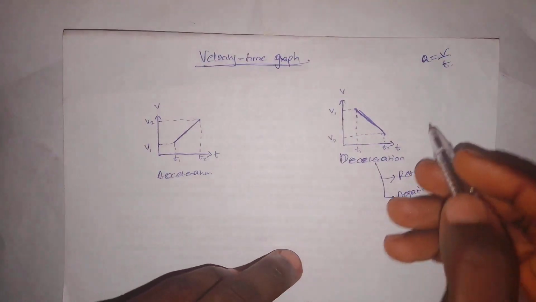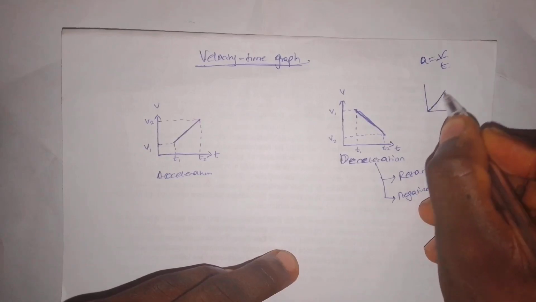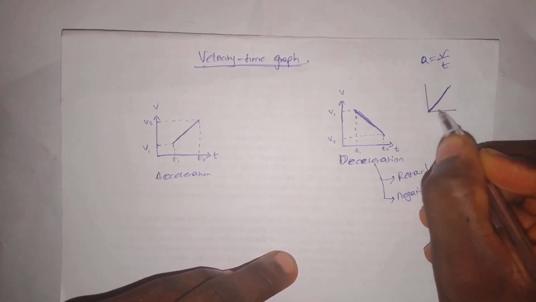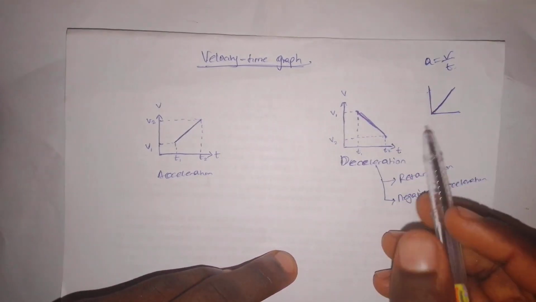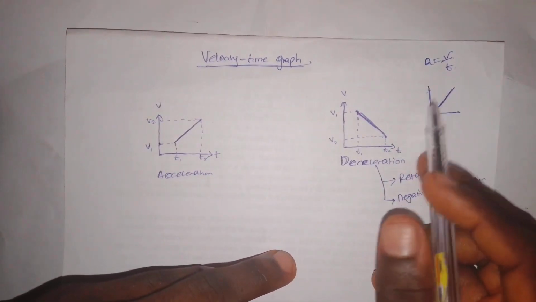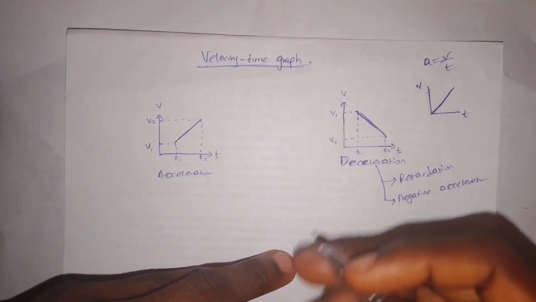Now, in one particular year, they drew a diagram like this, and they drew a line like this. They were asking what this means. They place velocity here, they place time here. This means acceleration.